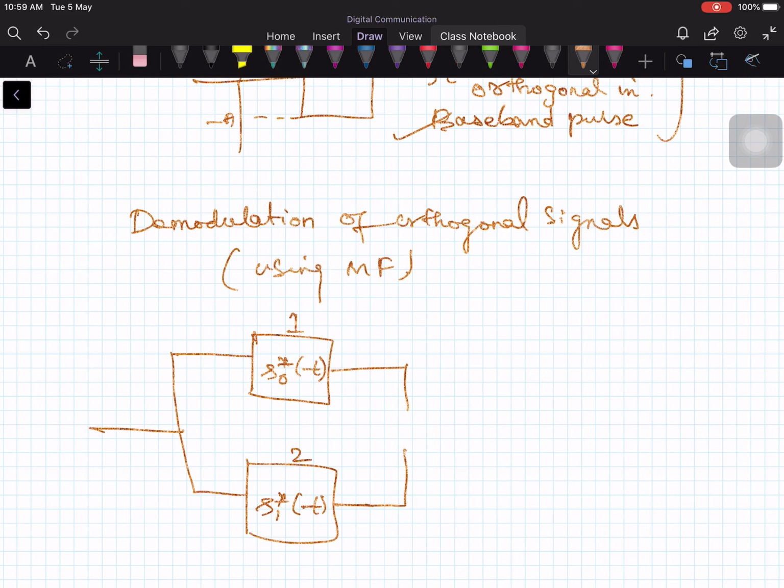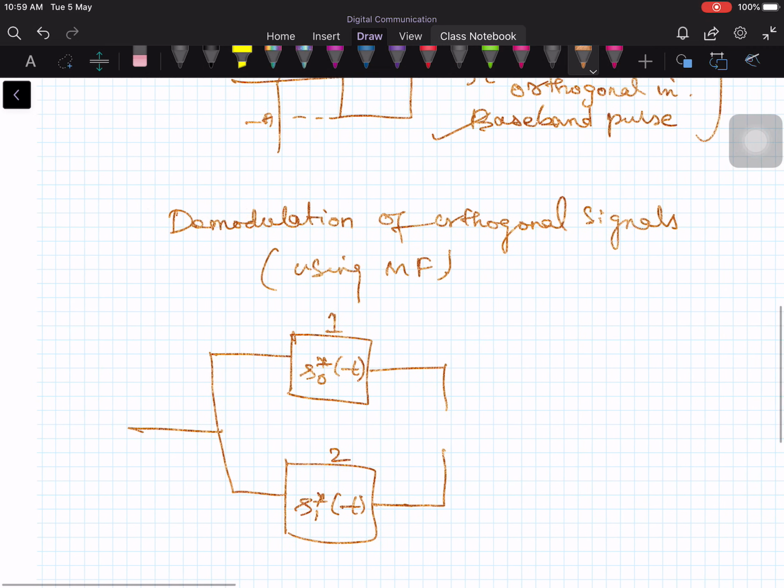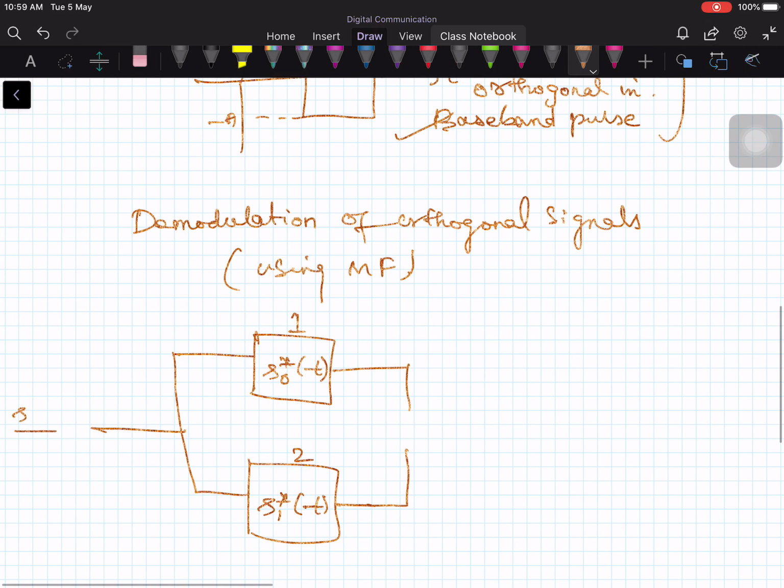Either you transmit s0 of t or s1 of t. In between, noise is getting added; let me denote the noise by n of t. So what you receive at this point is a noisy signal.